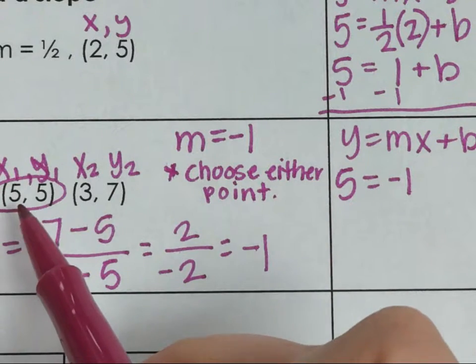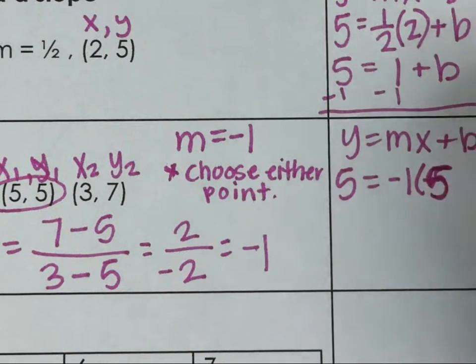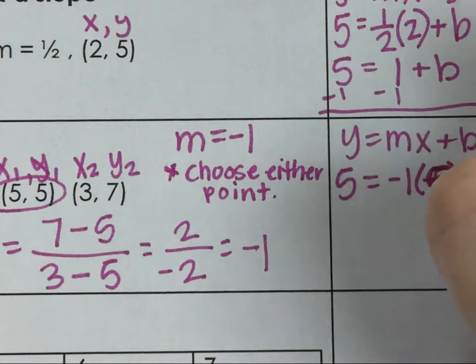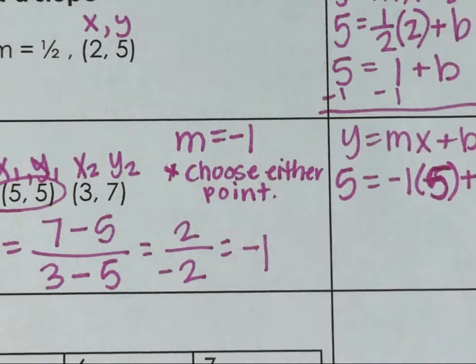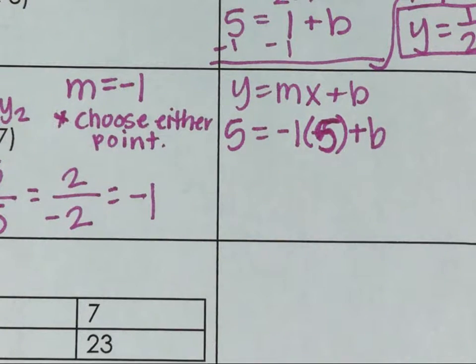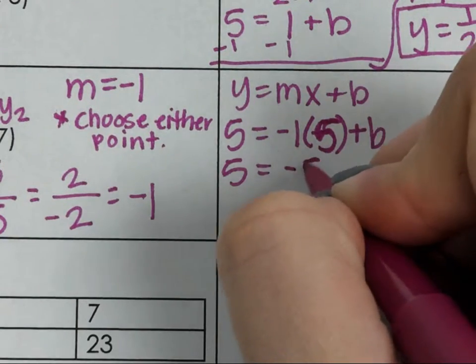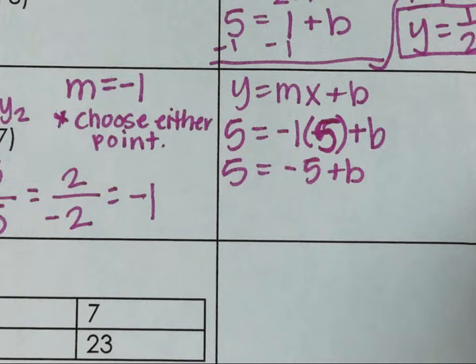My x is also 5. So that means I have -1 times 5. Do I know b? No, that's what I'm trying to find out. So I've got 5 equals -1 times 5 plus b. So then do that multiplication. So 5 equals -5 plus b.